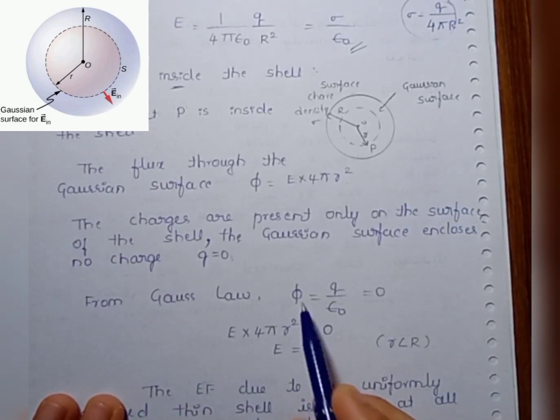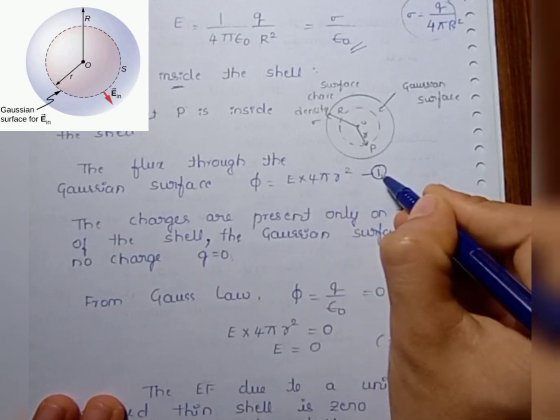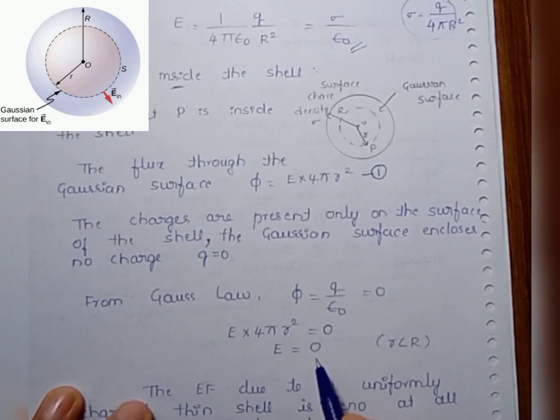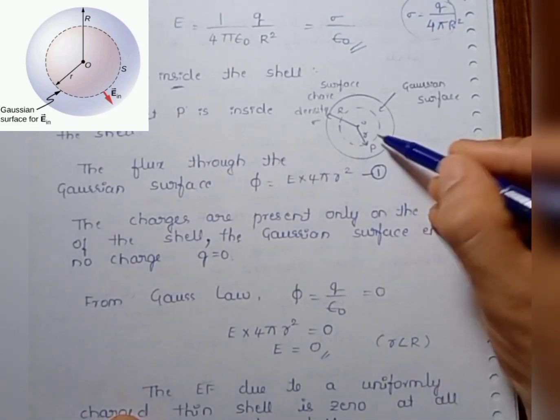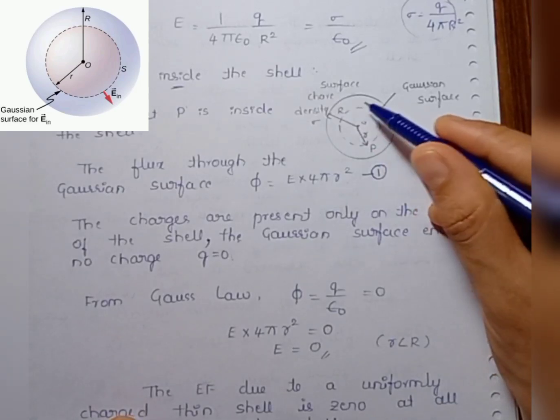That is phi is equal to 4 pi r square into E. Substituting in equation 1, which is equal to 0. Then the electric field inside the shell is 0. Means E is equal to 0 here. Here r is very much less than the radius of the shell.